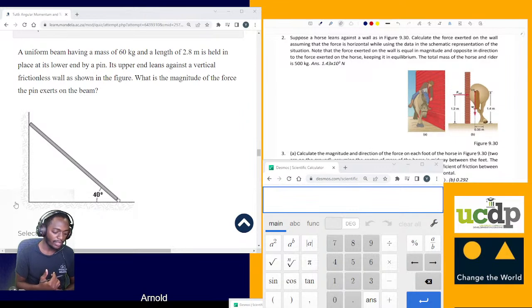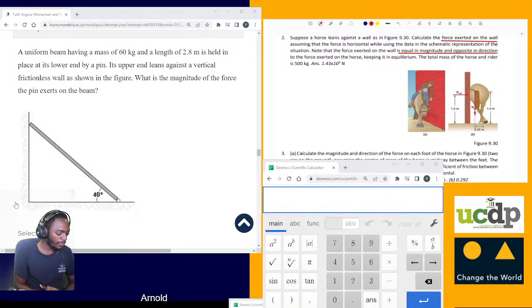Note that the force exerted on the wall is equal in magnitude and opposite in direction to the force exerted on the horse, keeping it in equilibrium. The total mass of the horse and the rider is 500 kilograms. So we are being requested to calculate the force exerted on the wall.